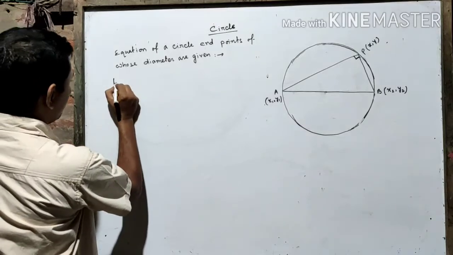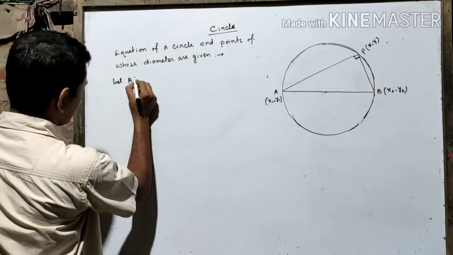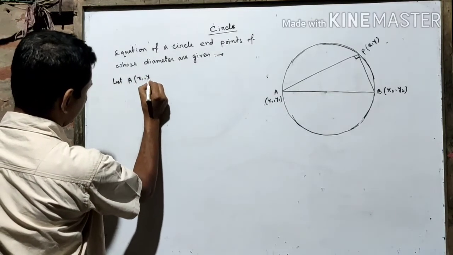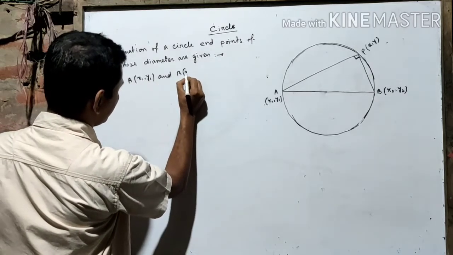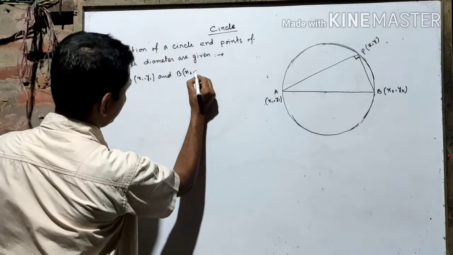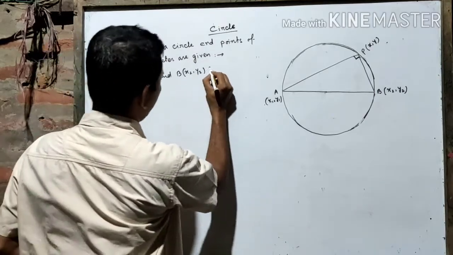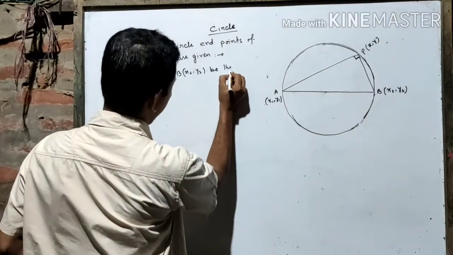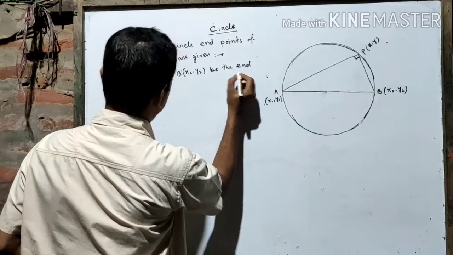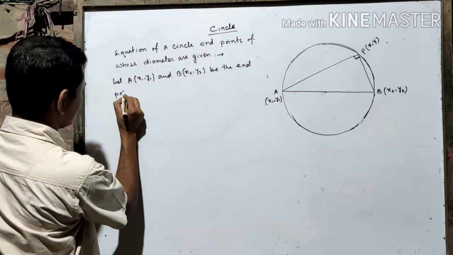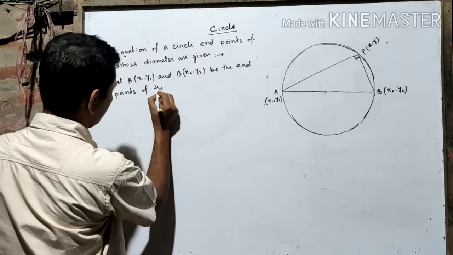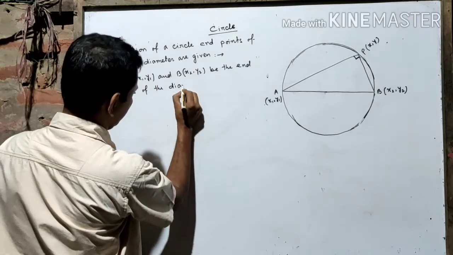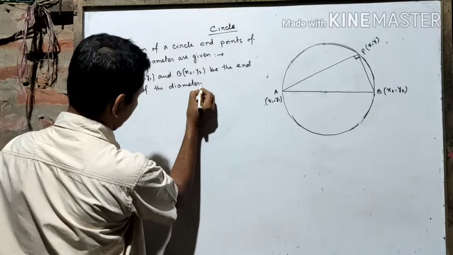So we write it this way. Let A(x1, y1) and B(x2, y2) be the endpoints of the diameter of the circle.